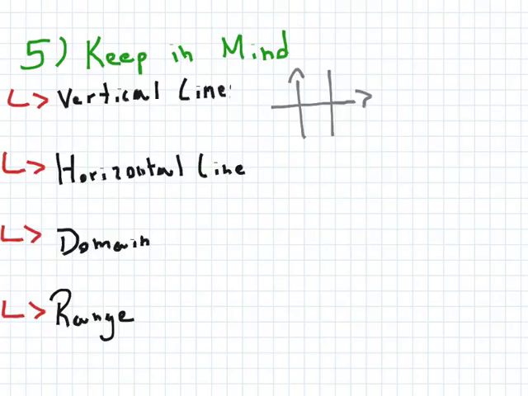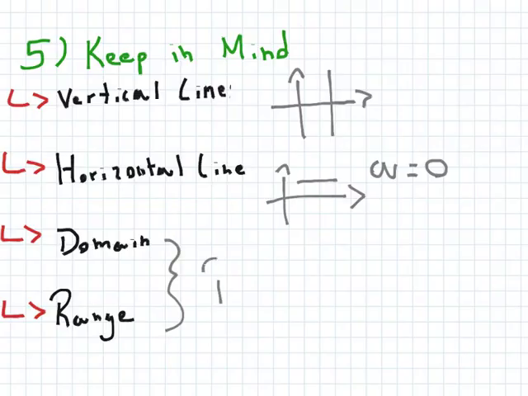And regarding horizontal lines, like these right here, it's important to realize that the slope in this case would be 0, because the variation would be 0. And regarding the domain and the range of this function, we can say that they are all inside the real numbers.